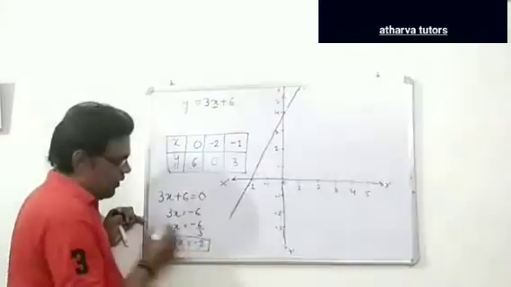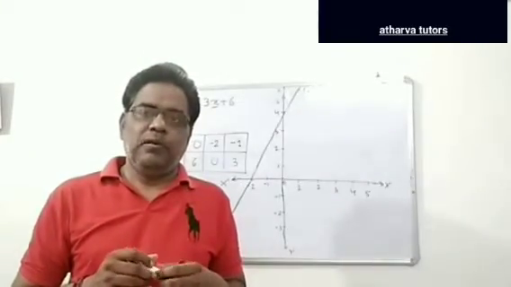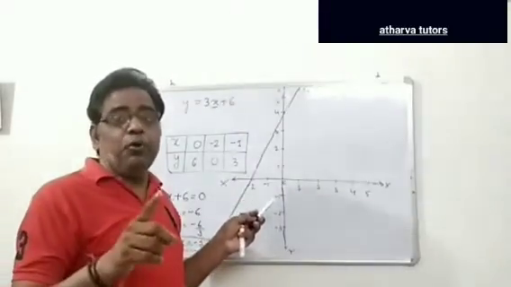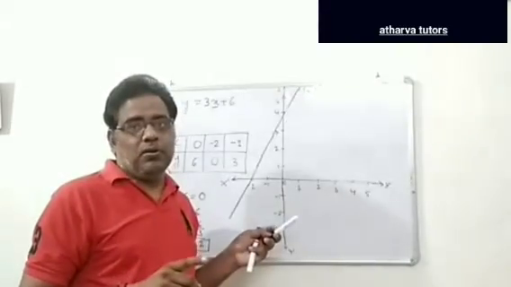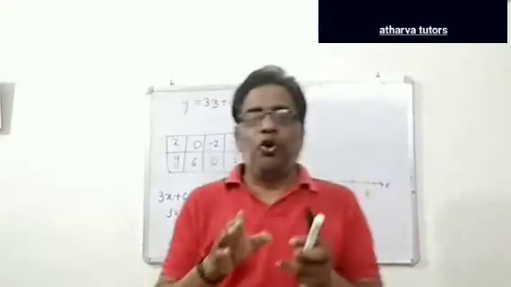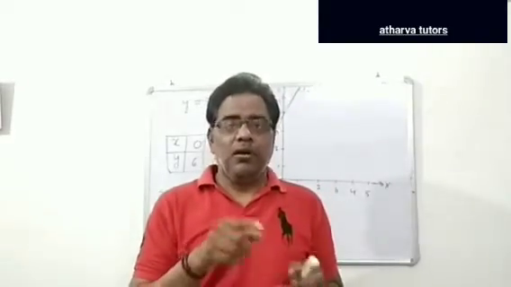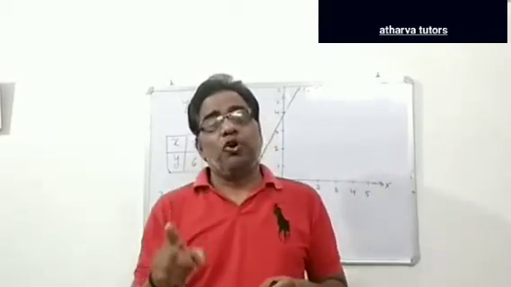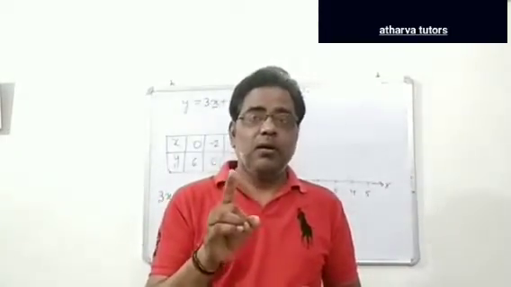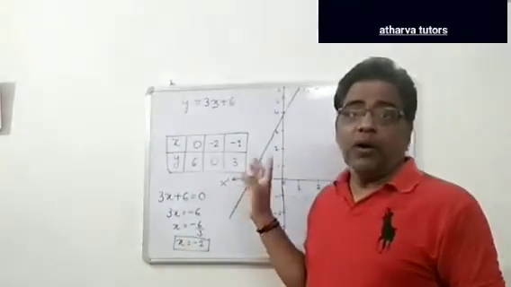So only one value of the variable you used to get. Graphically also you can see that if you have a linear polynomial, or a polynomial of degree 1, that is, linear polynomial means polynomial with degree 1, it will have only 1 zero.